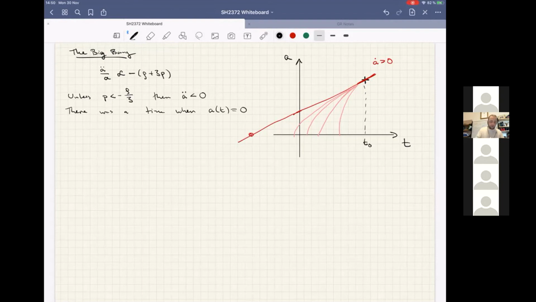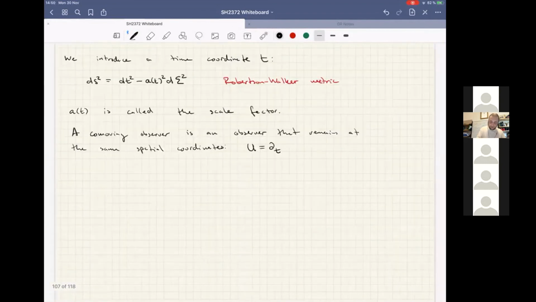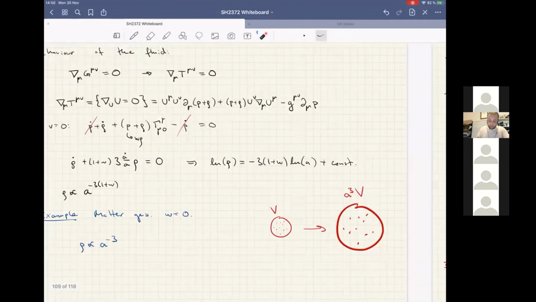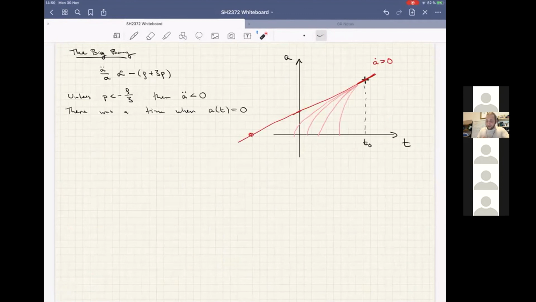And of course, if you look at the Robertson-Walker spacetime, that's a singularity of this metric. Now, whether that singularity is a true singularity or not depends a little bit, but in many cases, it will be a true singularity. So it essentially means that the universe started out much smaller than it is today and expanded.